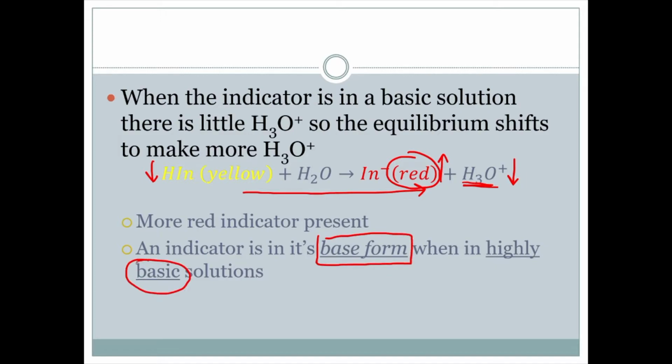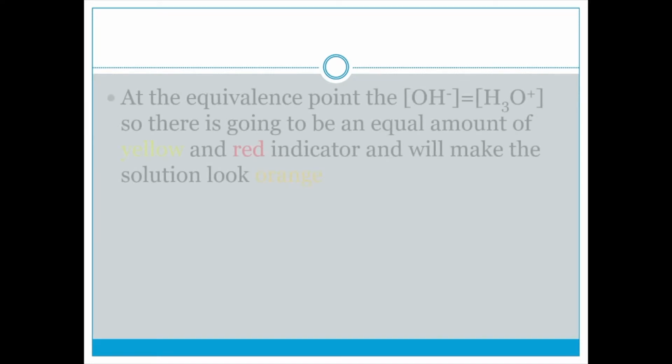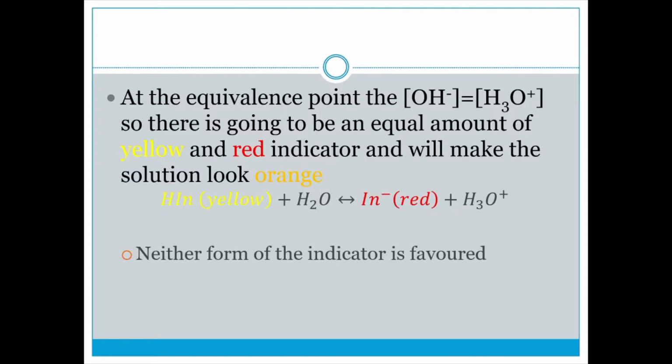Now, if you end up being somewhere in between, then you end up getting a mix of colors. If you recall back to the titration lesson, titrations always go towards an equivalence point. At the equivalence point, we reach an equal amount of hydroxide to hydronium. So if you put an indicator at the equivalence point, that is the point where the color just begins to change.